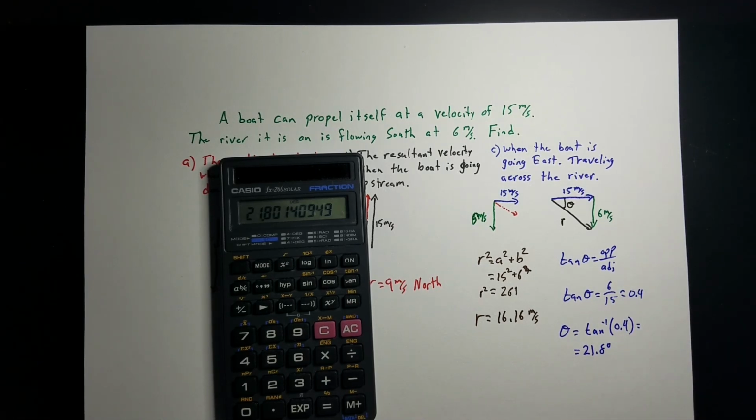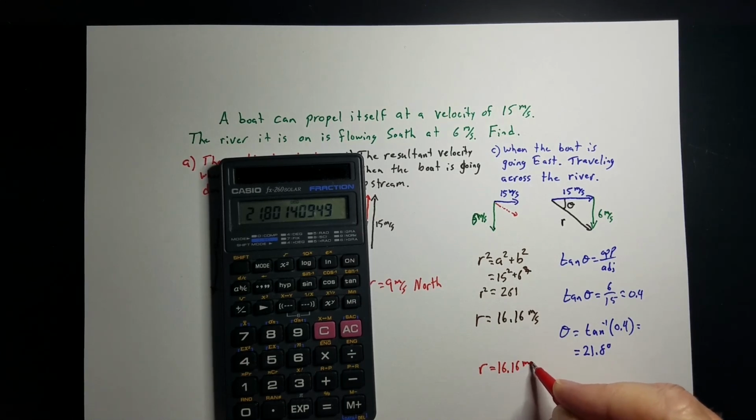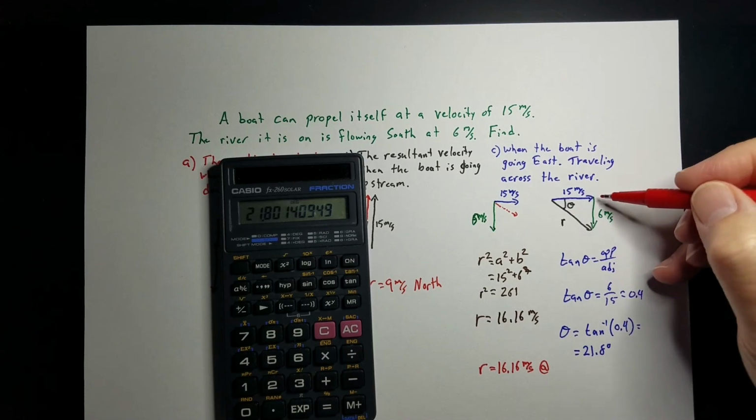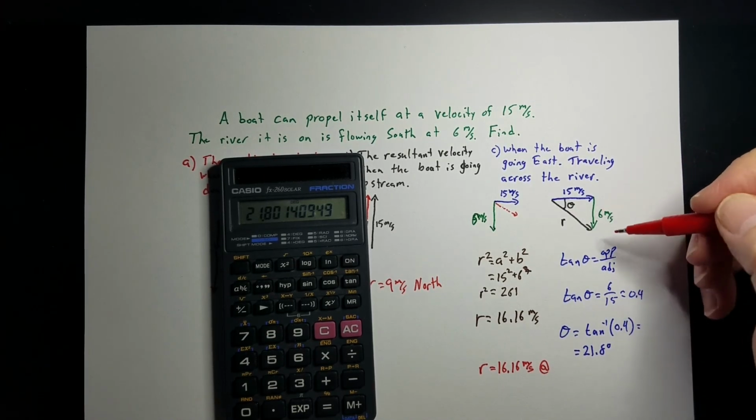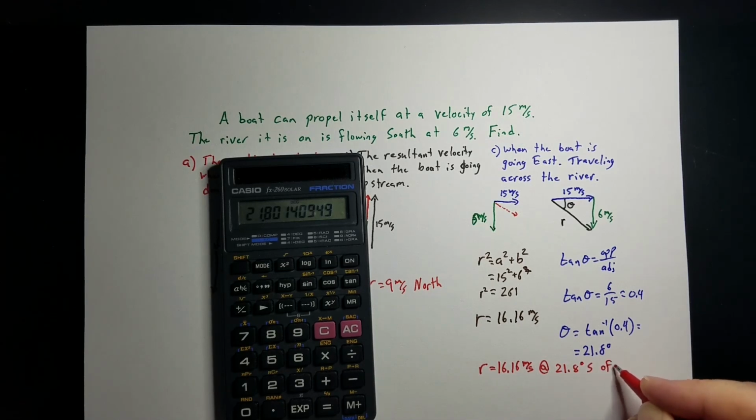And so my resultant would be R equals 16.16 meters per second at, let's see, that was east and we're going south, so we're going south of east. 21.8 degrees south of east.